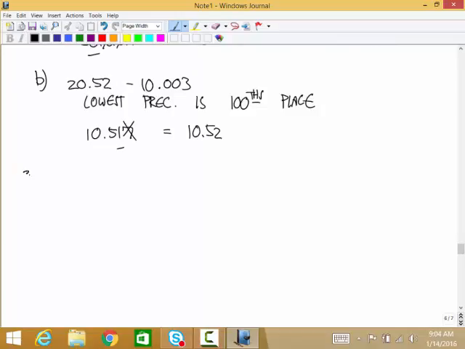Multiplying and dividing. Anyone remember how you determined the significant figures for that? Yep. I think it's just use the number of sig figs that the one with the least number of sig figs has. That's right. So each of your two inputs has a number of sig figs. You keep whichever one of those is lowest.